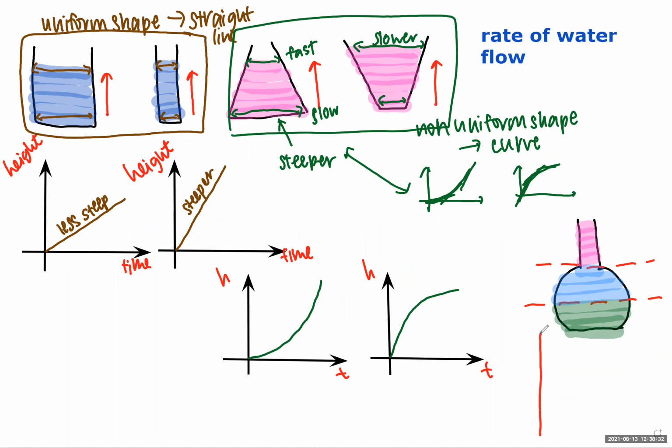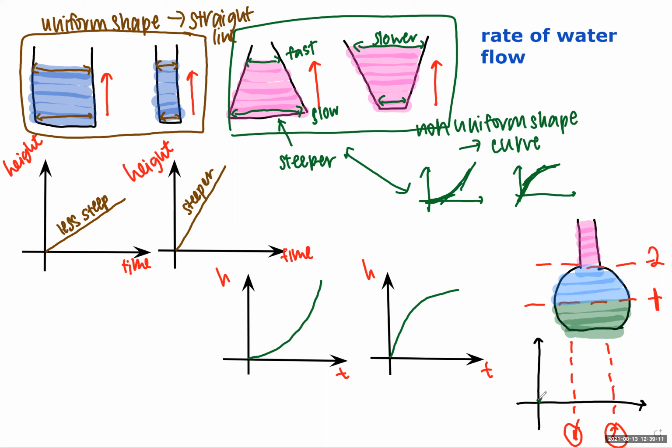So for the rate of water flow here, first I need to have my cutting points. This is the one in red. Here is the cutting point, and here is the cutting point. So this is cutting point 1 and cutting point 2. For the one in green, you can see it's going to be less wide and then super wide, so it's case number 4.